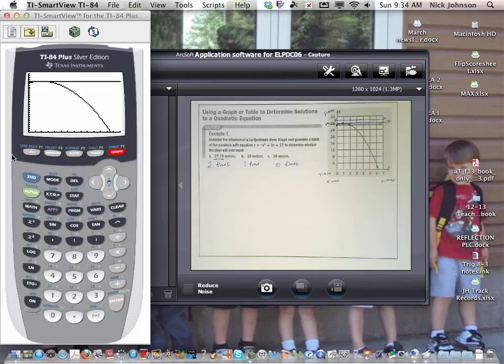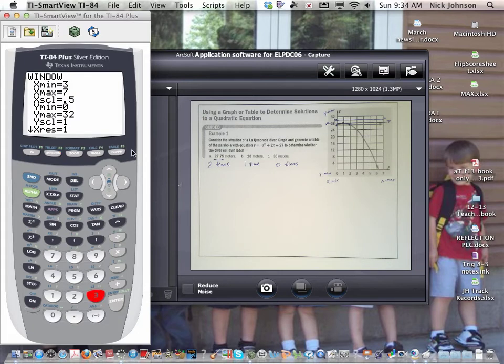Now, since my graph was so bad, what I probably would have done was not look at the part down here, because I really want to focus on up here. So I probably would have shrunk my window. Maybe make this 3, maybe even 5.